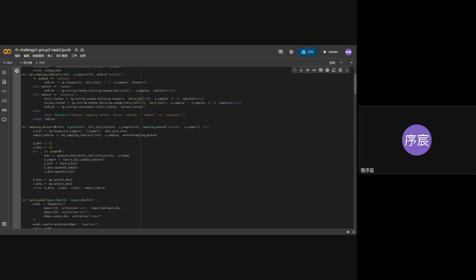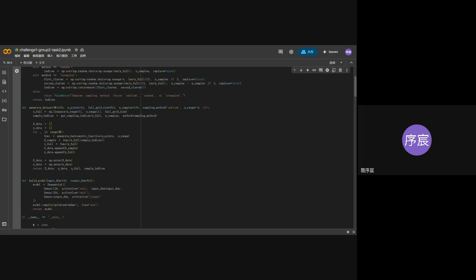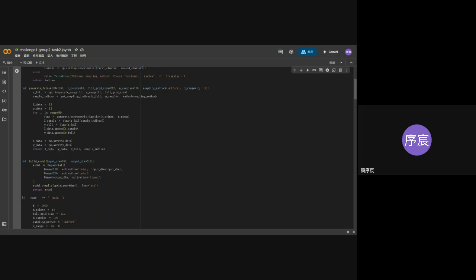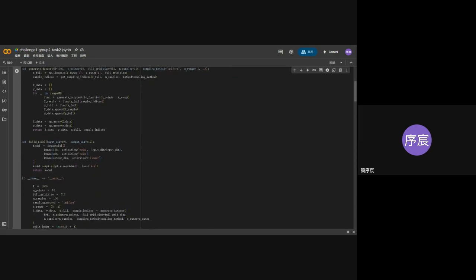Next is to generate the dataset, generating M functions based on the barycentric interpolations. Then next is to build a DNN model, a simple feed-forward neural network, which maps a 100-point input to a 512-point output.